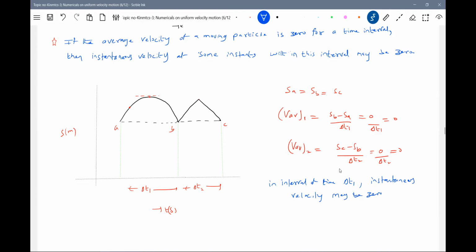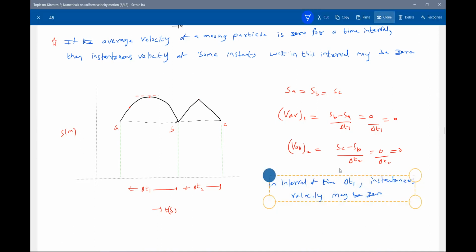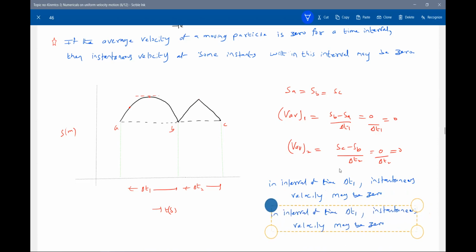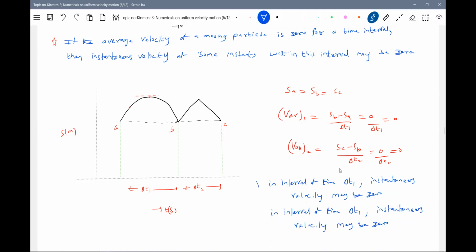At one point it is 0, at another point non-zero. In the interval of time delta T1, instantaneous velocity is 0. Next point: in the interval of time delta T2, instantaneous velocity is non-zero. Now you interpret yourself.